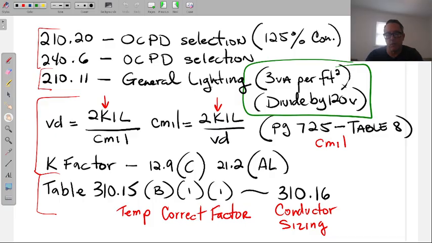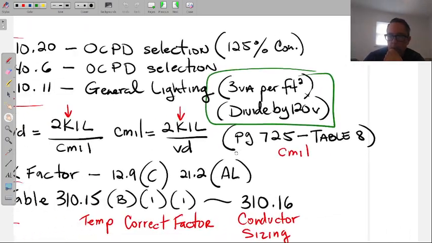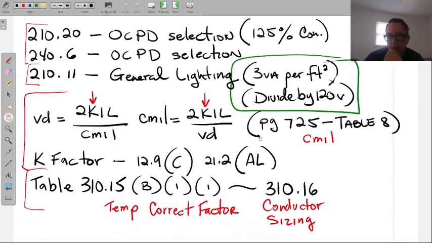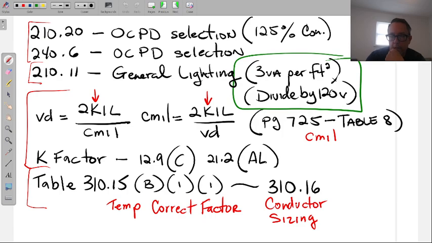But today, as we start to do now our review, I'm just going to ask a bunch of questions out of each one of these. So we'll select an overcurrent protection device. We'll do the general lighting, find the breaker situation. That's the green square. All right, we'll do voltage drop using the circular mills. There's the K factor. Whoops, sorry about that. I had the move thing.